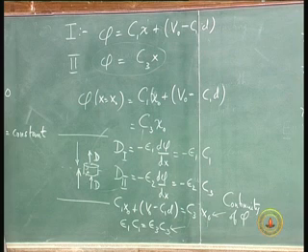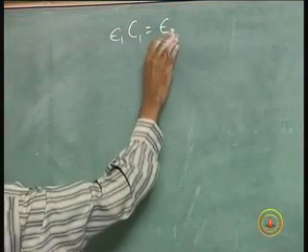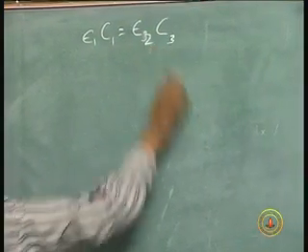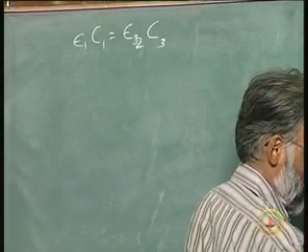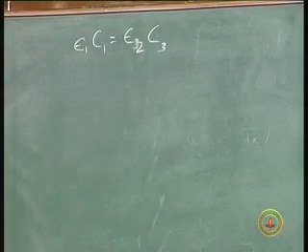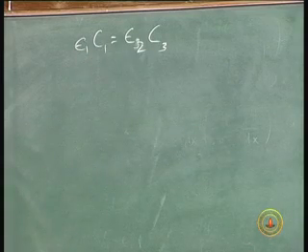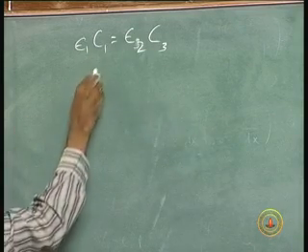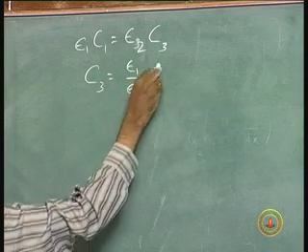By looking at the second equation, let me write it out, epsilon 1 C1 equals epsilon 2 C3. That tells me what C3 is in terms of C1. So, I can write C3 is equal to epsilon 1 over epsilon 2 C1.